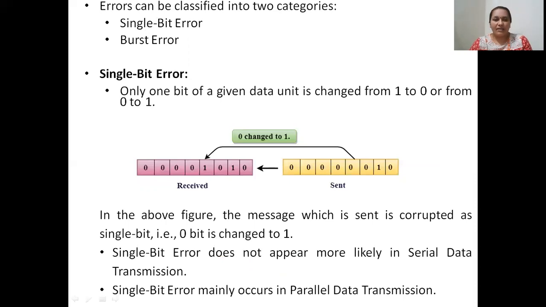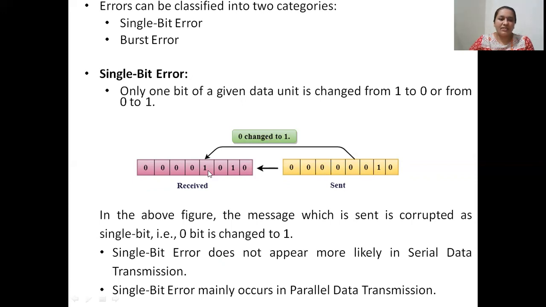The single bit error means only one bit in the given data unit is changed from 1 to 0 or 0 to 1. You can see in this picture, for example, an 8-bit data unit which is sent over the transmission is 00000010. This is the 8-bit data unit which is sent by the sender.